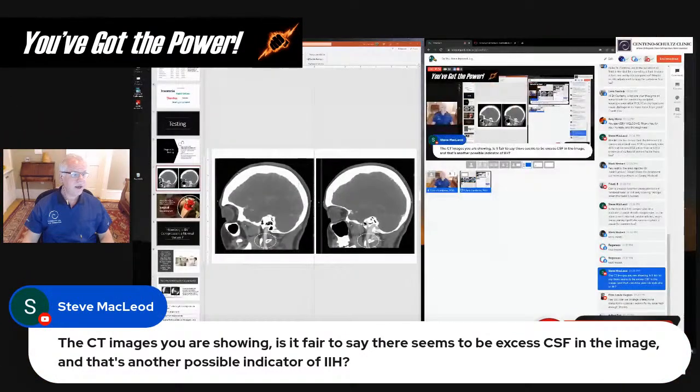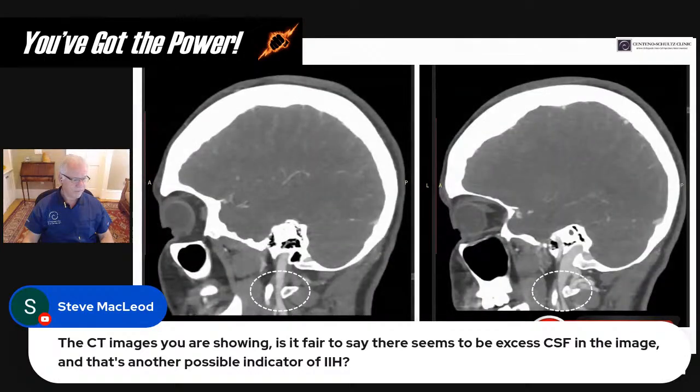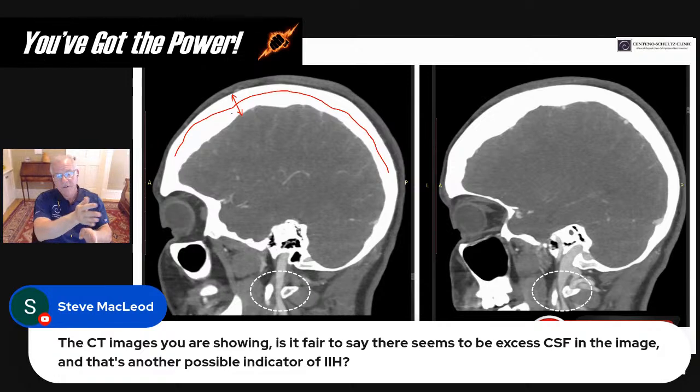So if we go to share the screen again, we'll go to this, and we'll try to blow up that one. So I think you're talking about this. Now this is all bone. So this is bone and it's skull. This person doesn't have a thick skull. What you're seeing is the slice through the bone is off on the side.